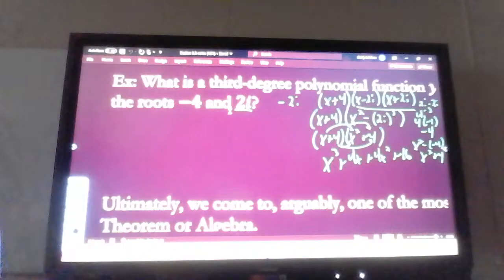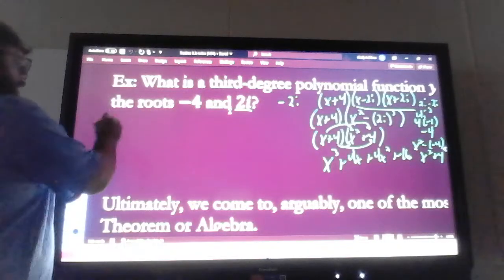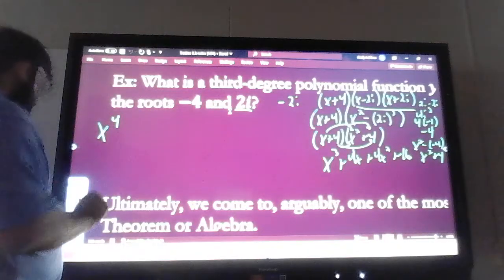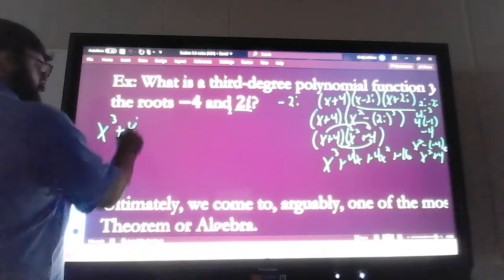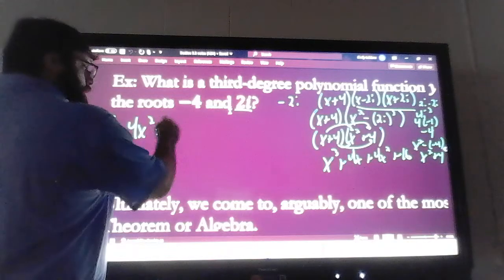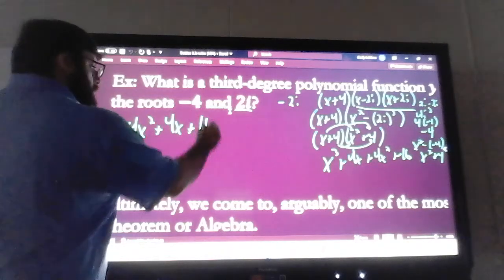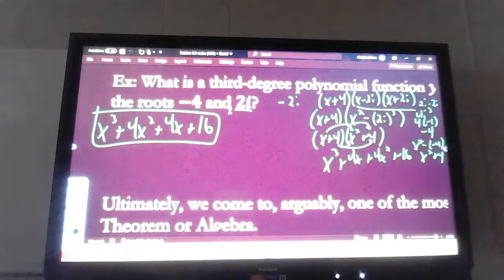So the third degree polynomial function with these roots is, not x to the fourth, x cubed plus 4x squared plus 4x plus 16. There's my solution there. Okay.